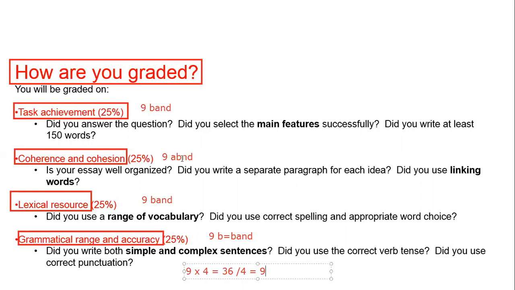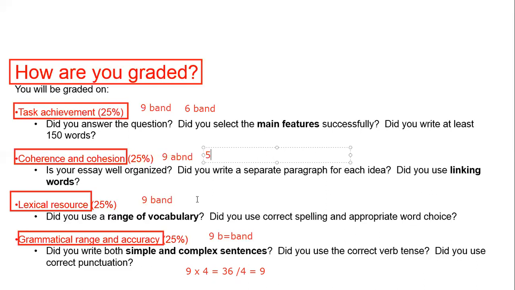Suppose there is a student who gets a lower band in task achievement. What is task achievement? I'm going to explain later on, clear? He gets, suppose, 6 band in task achievement. And then when the examiner checks your coherence and cohesion, you get, for example, 5 band.